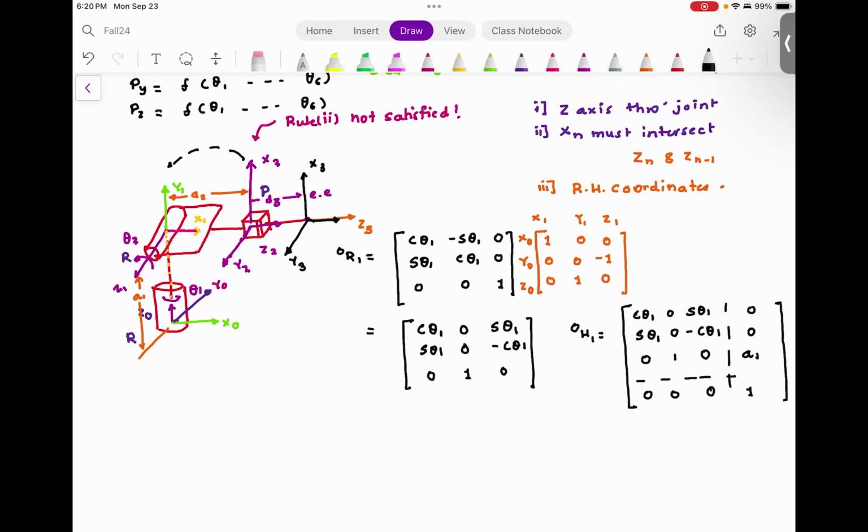When I translate the frame, let me use a different color, I get this frame. So this is going to be my X2, this is going to be my Z2, and this is going to be my Y2.